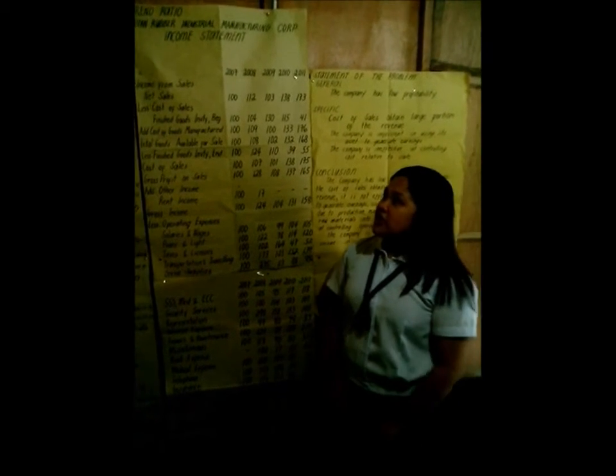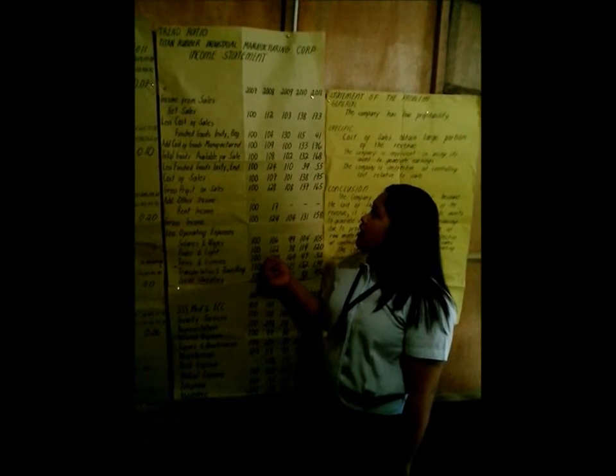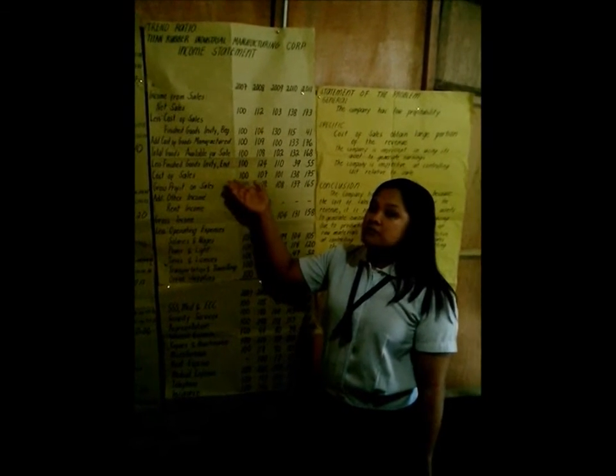The next one is the trend ratio. The trend ratio is computed by dividing the current year by the base year, which is 2007. So the net sales are ultimately increasing and mostly composed of big operating expenses.